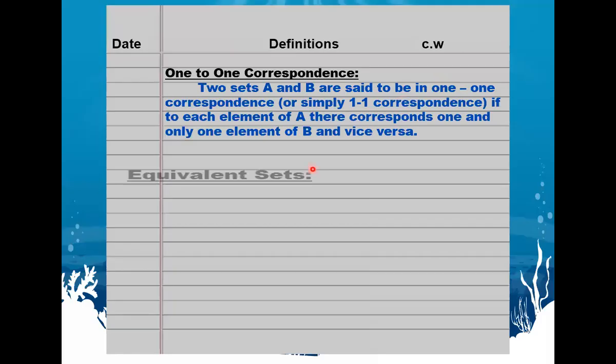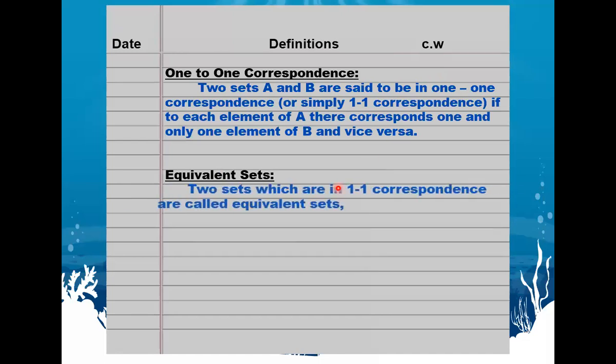Now, next is equivalent sets. Write down the heading of equivalent sets. The definition of equivalent sets is this one. Two sets which are in one-to-one correspondence are called equivalent sets.